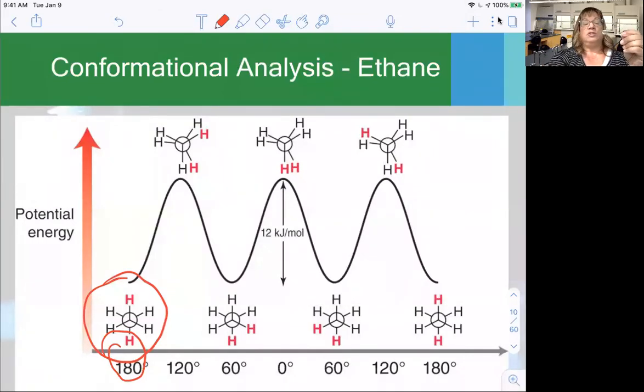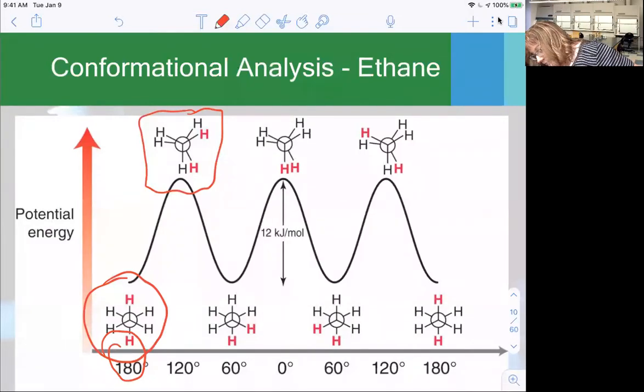And what I did by doing that rotation is now I went to that eclipsed, and I went up in energy. Well, if I do another rotation, now I'm back down, oopsies. I have to get my pen. I'm back down here, right?